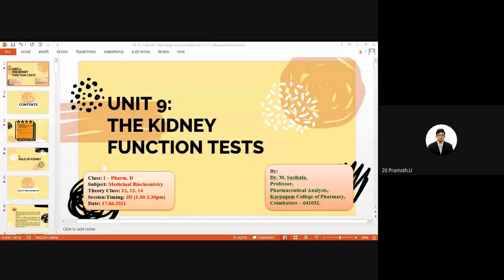Volume in 24 hours, ma'am, 600 ml to 2000 ml. More than 2000 ml causes polyuria. Oliguria is less than 400 ml. Anuria is absence of urination or below 100 ml of urine.